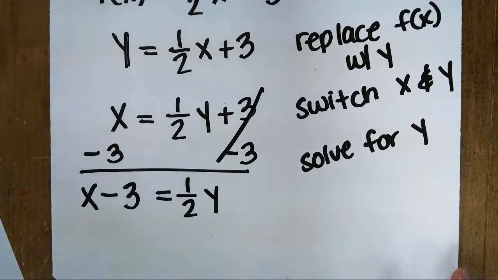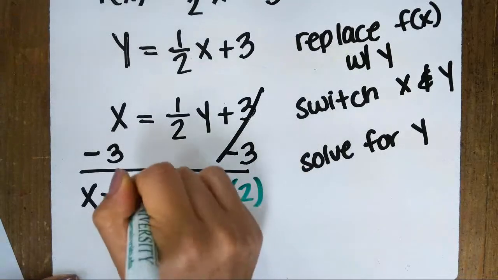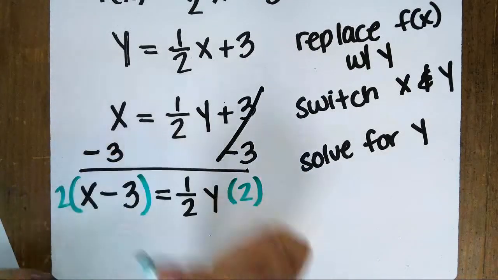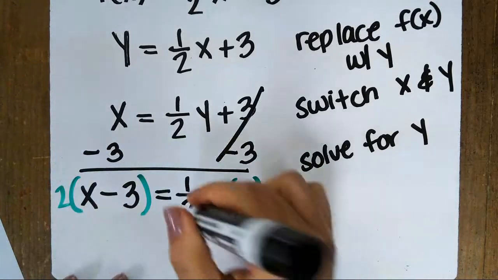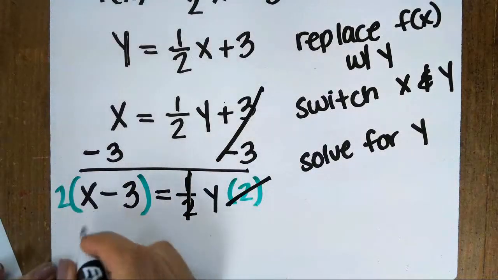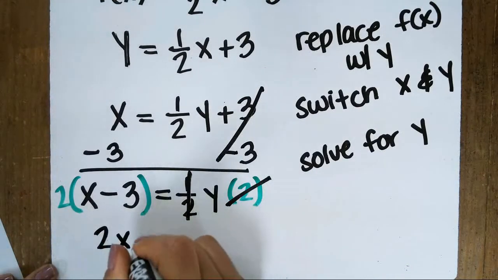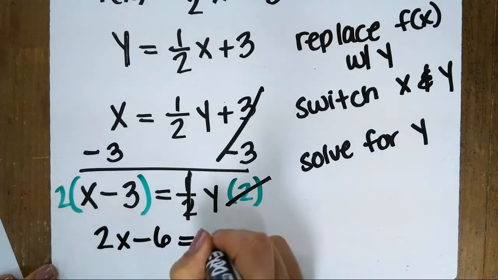And the way to cancel out that fraction is by multiplying by the reciprocal. The reciprocal of 1/2 is 2. So I'm going to multiply everything by positive 2. Okay, so this fraction cancels out with that 2. And now I have 2 times x gives me 2x. And 2 times negative 3 gives me negative 6.